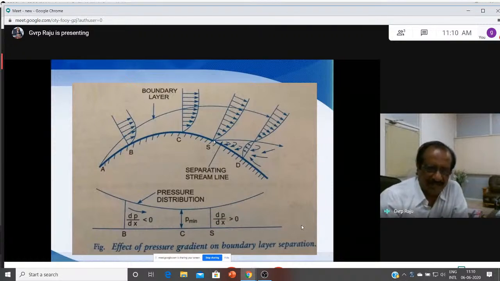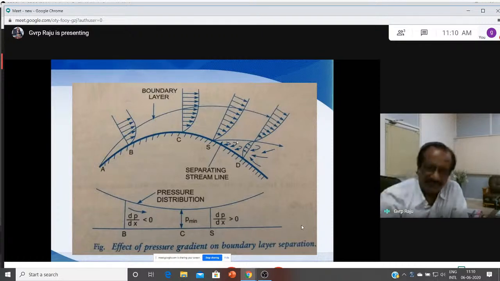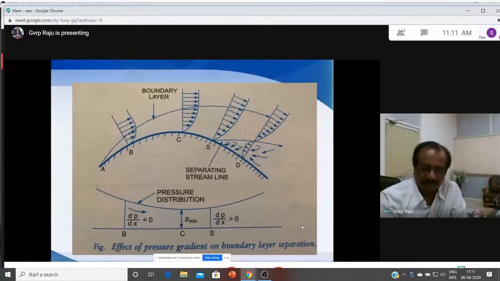Then you see here the boundary layer thickness is more. When you move forward from the separation point, what happens here? The boundary shear is more, the pressure is more, and the velocity is less because of all these things. So this is the forward flow, and below this line there is a back flow.